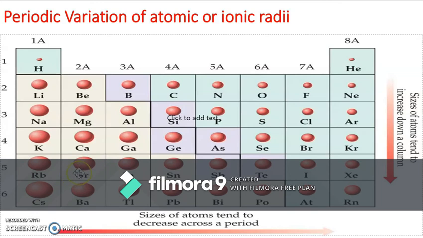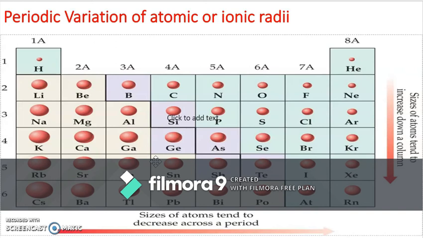The second factor is the nuclear charge, that is the atomic number, which increases as we move from top to bottom. This increased nuclear charge causes a decrease in atomic or ionic radii due to the greater force of attraction exerted on the valence shell electrons by the nucleus.